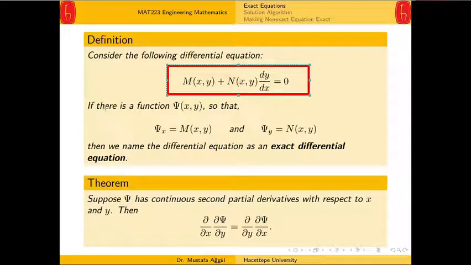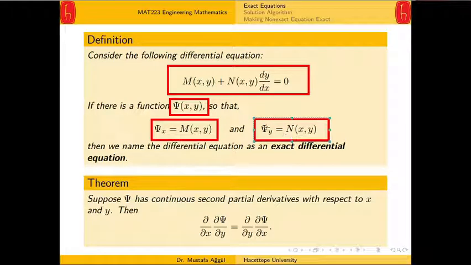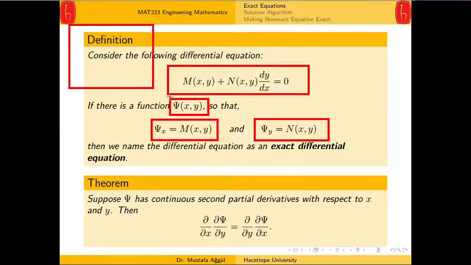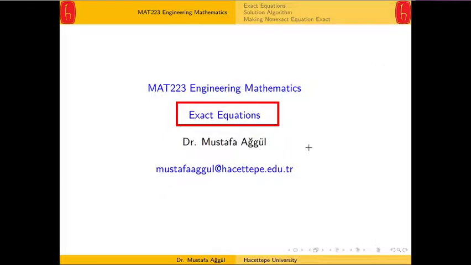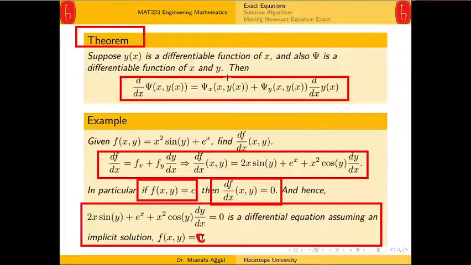So if there is a function psi of x comma y, so that m is equal to the x derivative of this function and n is equal to the y derivative of this function, then we call this differential equation an exact differential equation. Okay, so this definition is very similar to the first theorem.